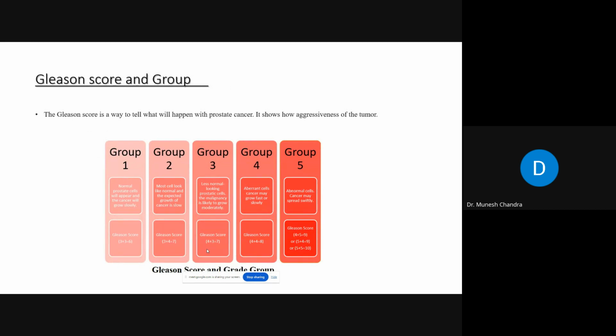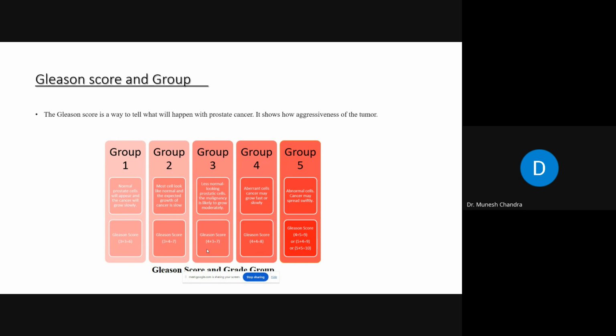As we have already discussed, in group 1 normal prostate cells appear and the cancer will grow very slowly. When it reaches group 2, most cells look like normal and the expected growth of cancer is very slow.